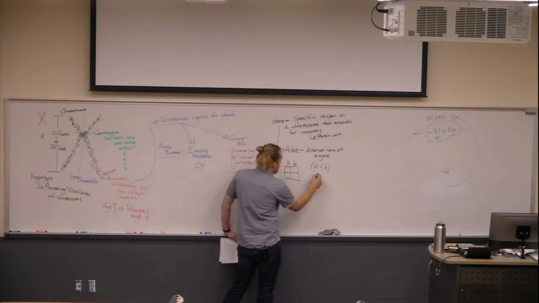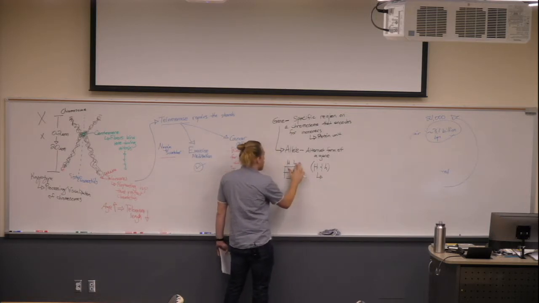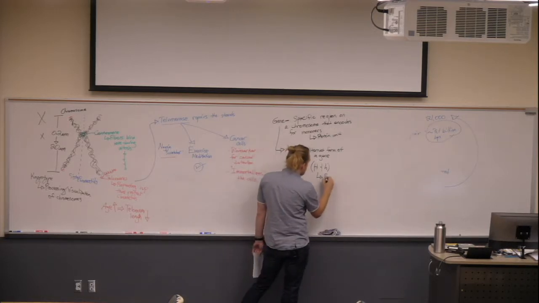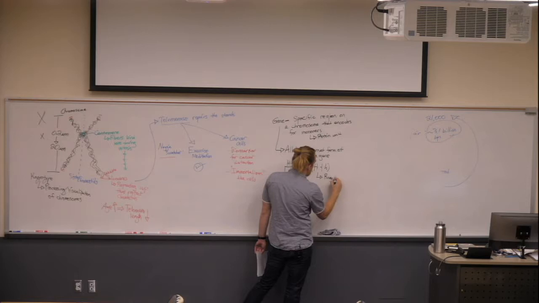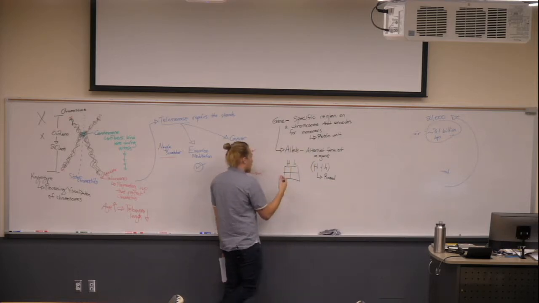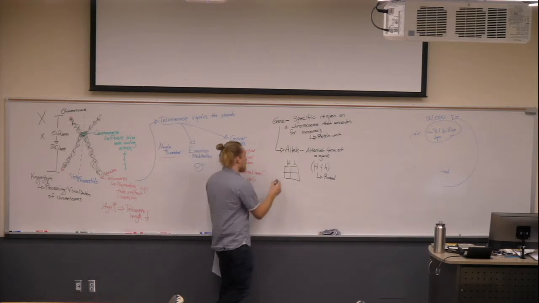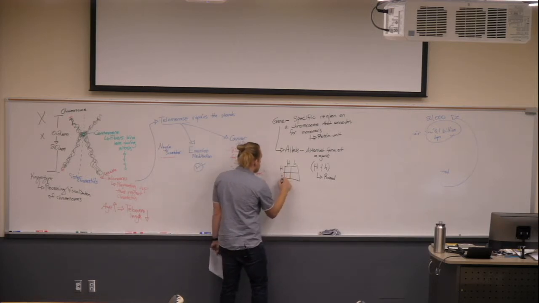So if H encodes, I'm going to use B. If H encodes for round, and I don't know exactly what I started with, I can just cross-pollinate 2 peas and see what I get.